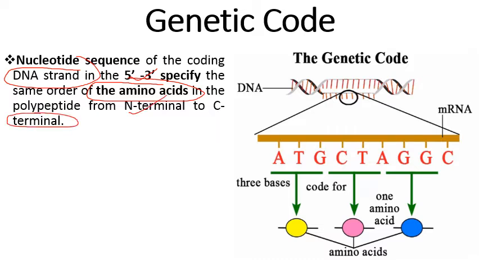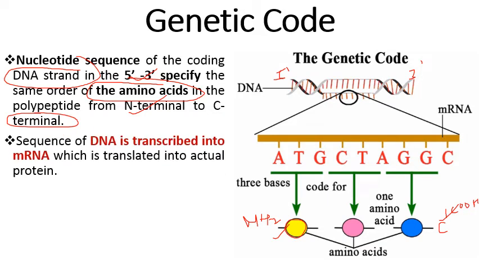So the special sequences on DNA in the 5' to 3' direction specify, in the same way, the sequence of amino acids in polypeptides. A polypeptide has one end known as the N terminal and the other end known as the C terminal, because it contains a free amino group at one end and a free carboxylic group at the second end, which is termed the C terminal.